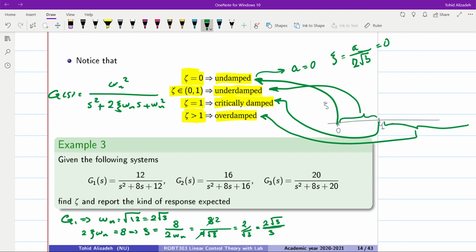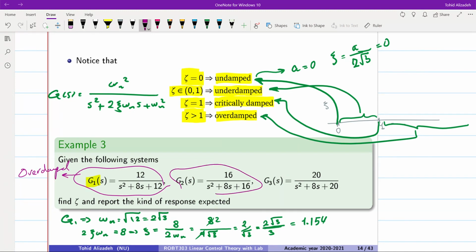Let me just give you the final value: 2 over 3 times square root of 3 will be equal to 1.154. So it's bigger than 1, and as a result for the first system, for G1, we are expecting an overdamped response. So for G1, we will have the overdamped case.